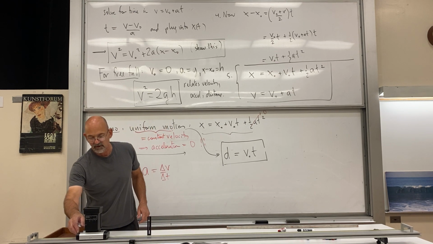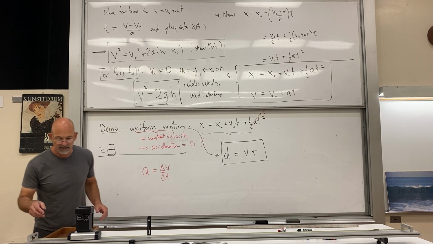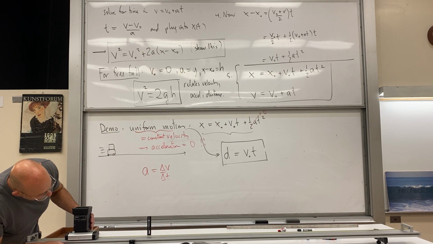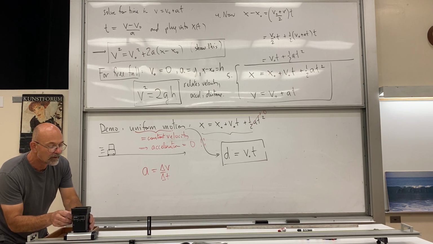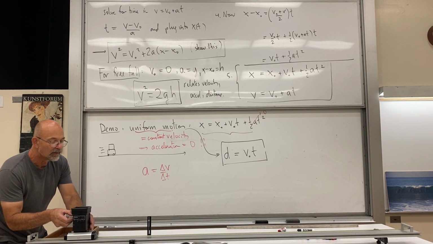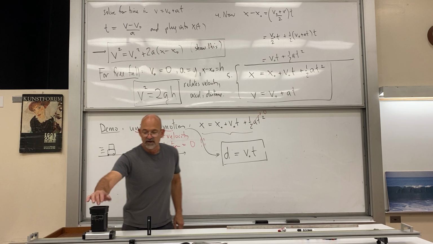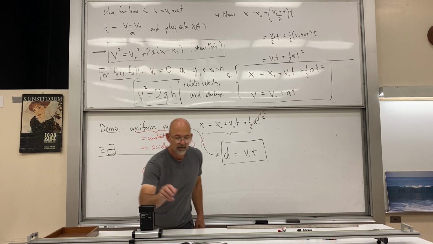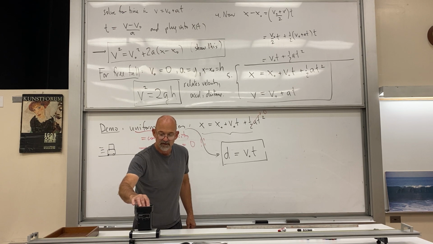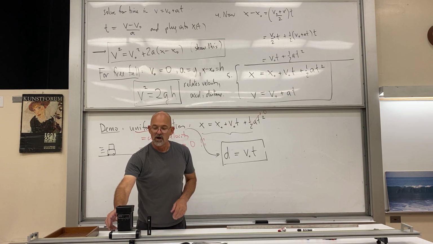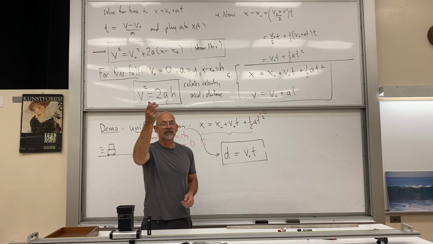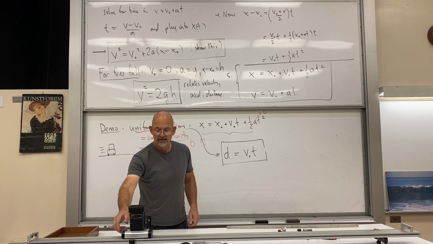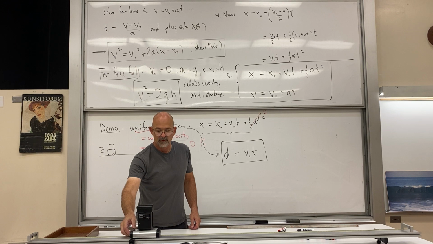Okay, this one's a little hard to control perfectly. If I monkey around with it, it'll just be worse. But give it a couple tries. So what we're demonstrating here is, that was actually pretty perfect. This is free fall. It's just throwing a ball up in the air and catching it. So it goes up, stops, comes back down. That's the free fall.